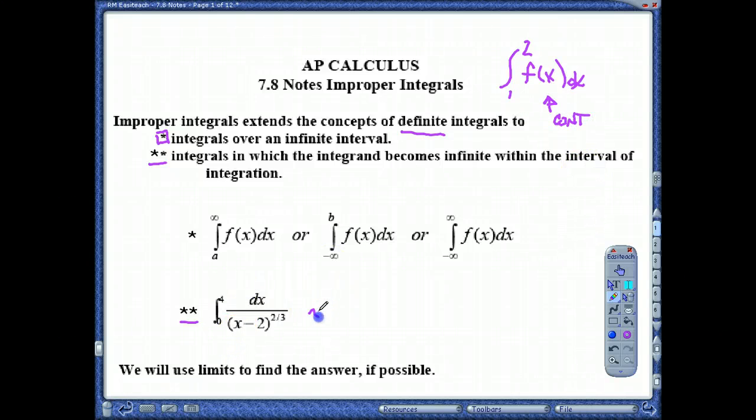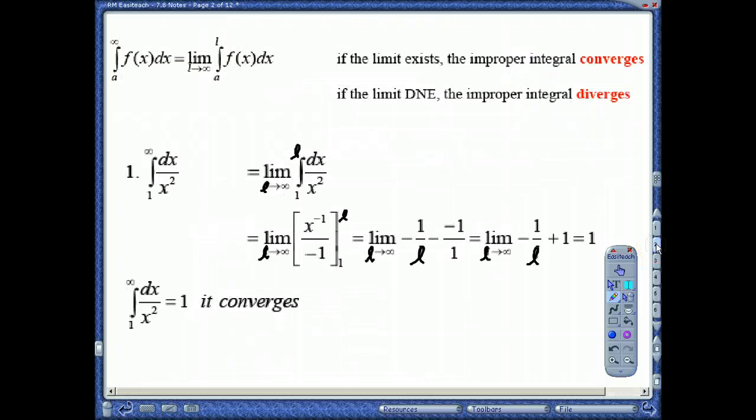Something bad's happening at x equals 2. X can't equal 2. There's an asymptote there. So from 0 to 4, we have a spot inside there where we are not continuous on that interval. So what we're going to do is use limits to find the answer, if possible.